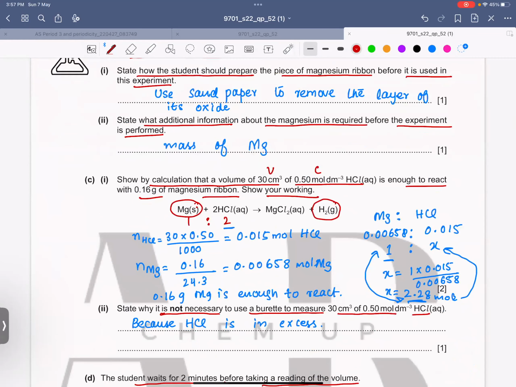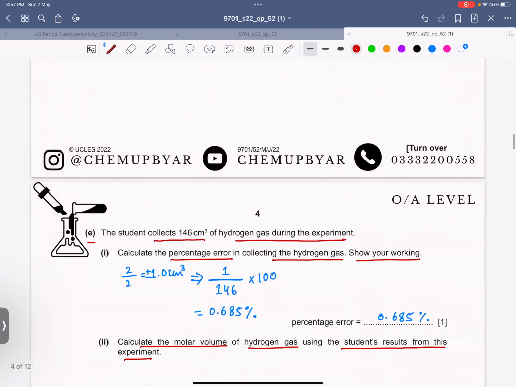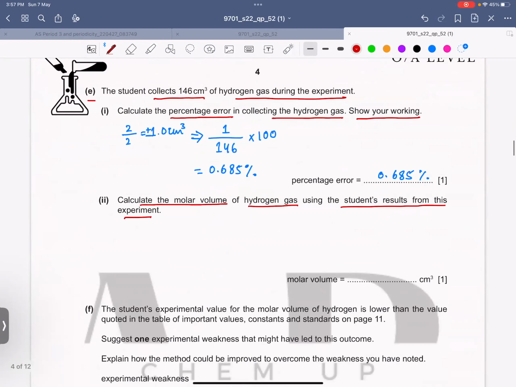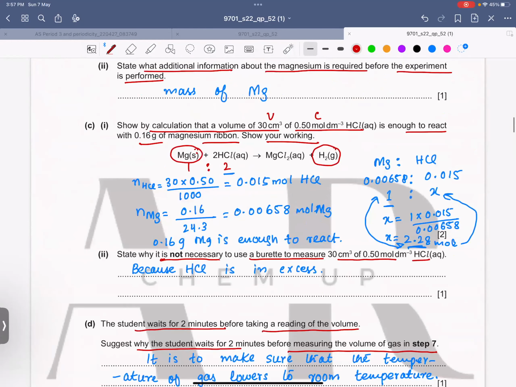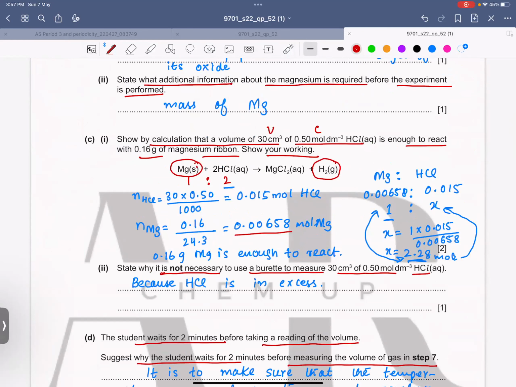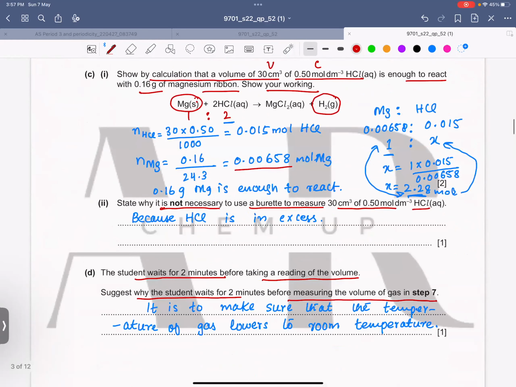And the moles of magnesium that is used in this experiment is 0.0068, and hence it's a limiting reactant because it is going to be consumed completely because it is in the lesser amount.